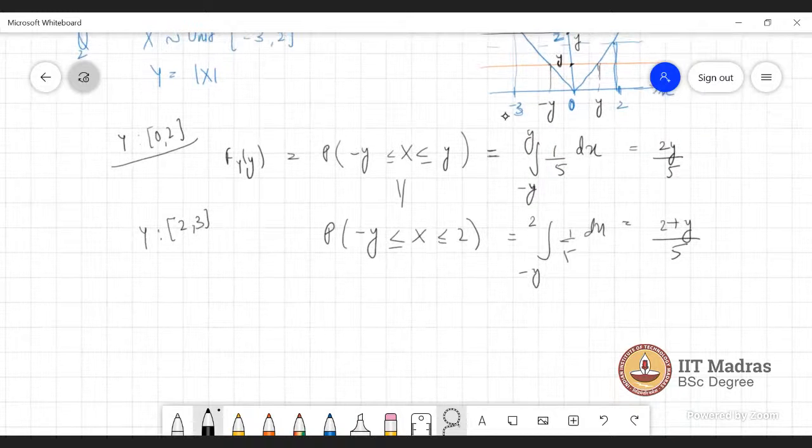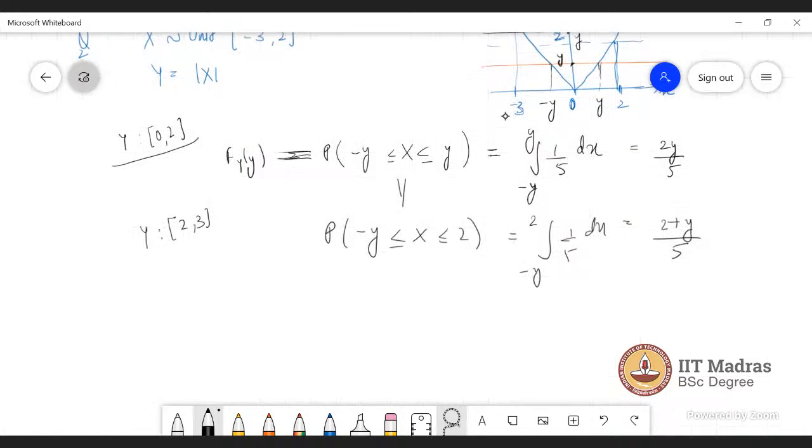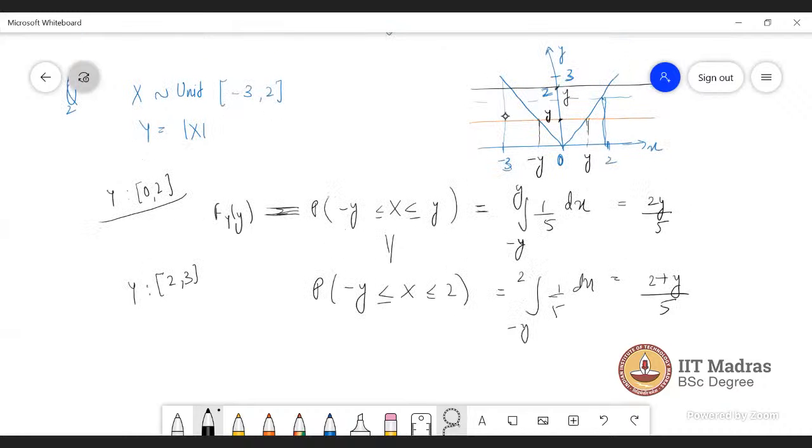Ma'am, can you explain why you divided the range? Okay. If you don't divide the range, like if you take 0 to 3 and take any y in between, let's say I'm taking the y here, this y is not in the support of x, right?